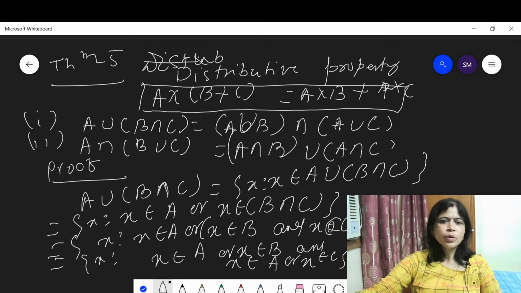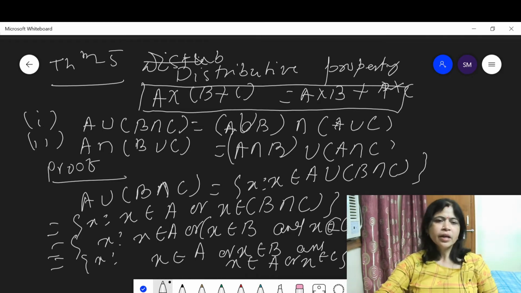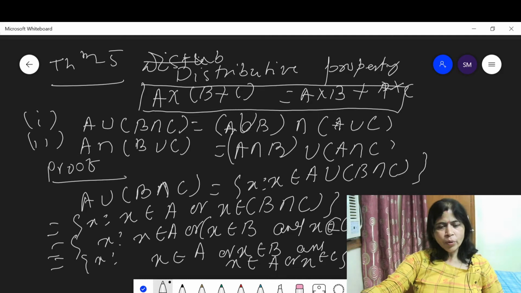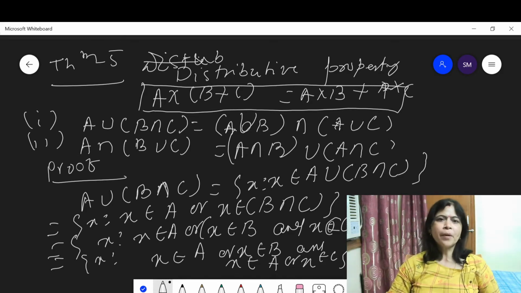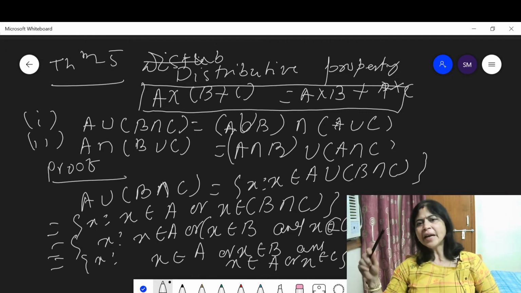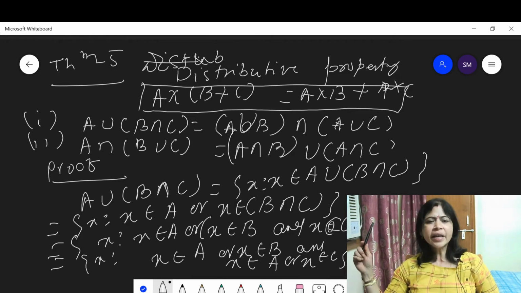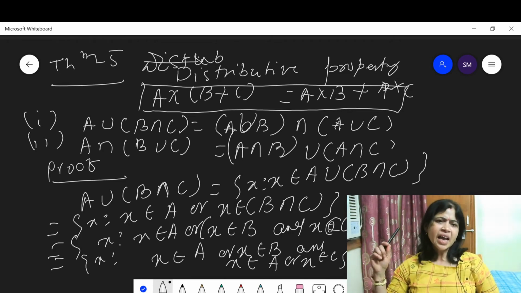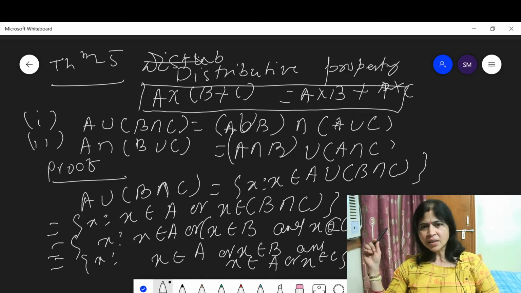Here we have to prove A union (B intersection C) is equal to (A union B) intersection (A union C). Suppose x belongs to A union (B intersection C).